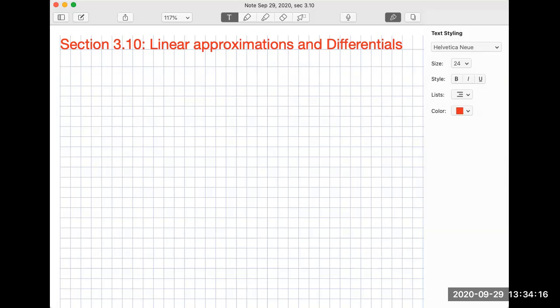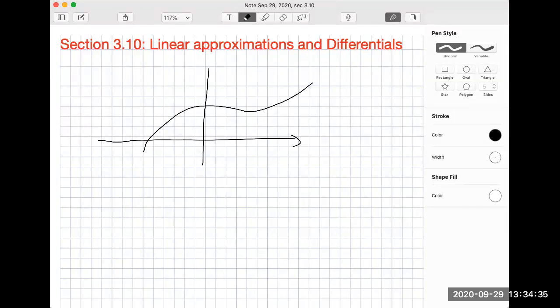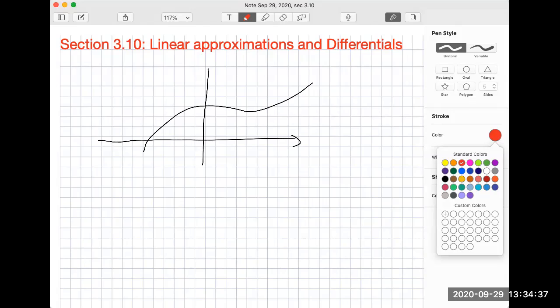Okay, we know that if we're given a function y equal to f(x), suppose we have a graph here, anything like this, right?